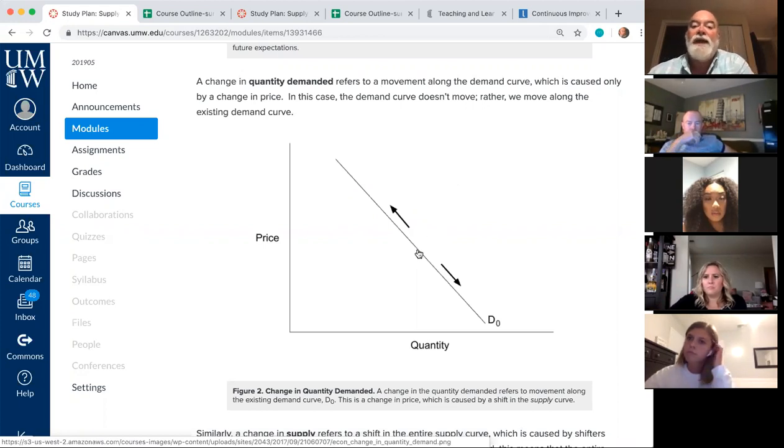So a movement along the demand curve, either up or down, is only ever caused by a shift in the supply curve. And it goes the other way too. A movement along the supply curve is only caused by a shift in the demand curve. So that gets back to what I was talking about a few minutes ago, which is you've got to figure out which curve shifts.